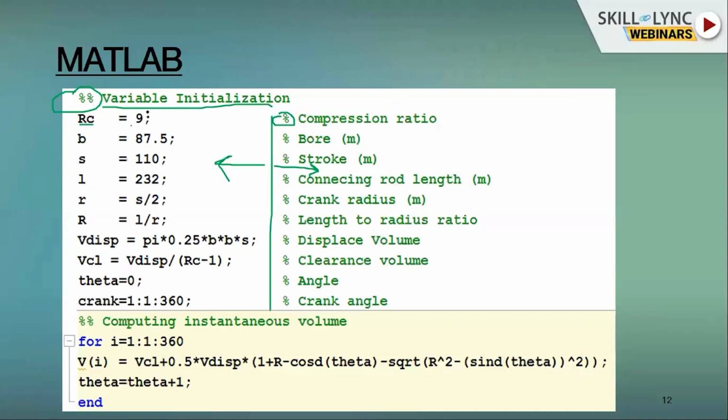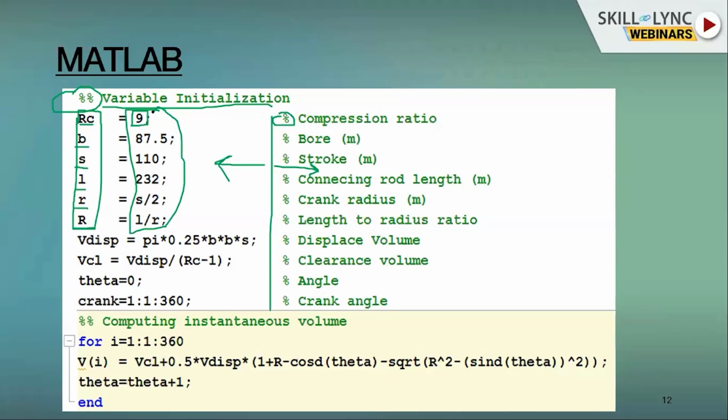Let's say you have a typical engine which has a compression ratio 9, bore, stroke, connecting rod length, crank radius, and this is the length to radius ratio. So this is syntax, or you can say this is a variable and this is the corresponding constant which we have put into the variable.